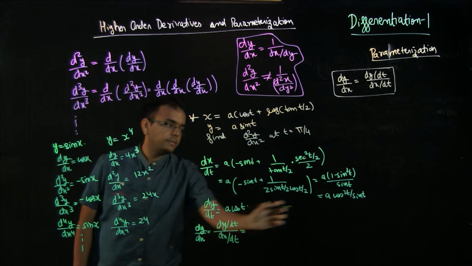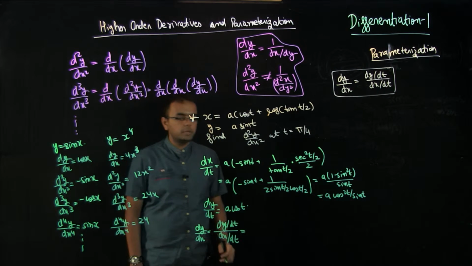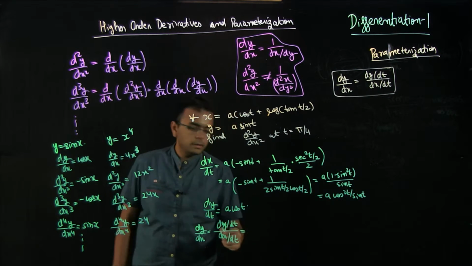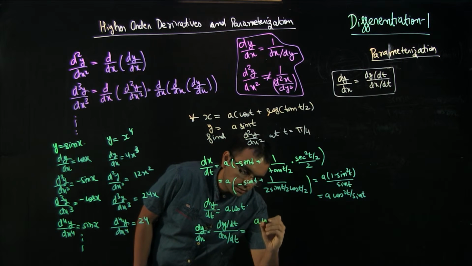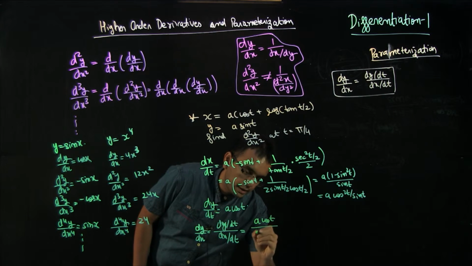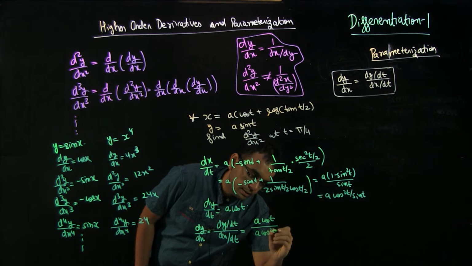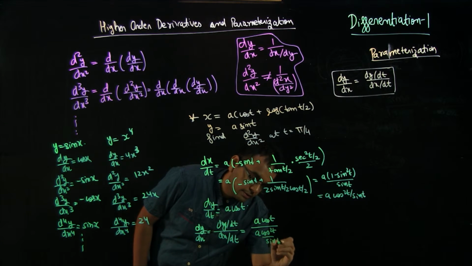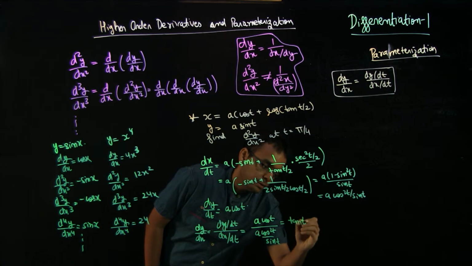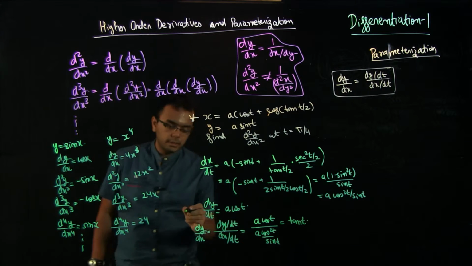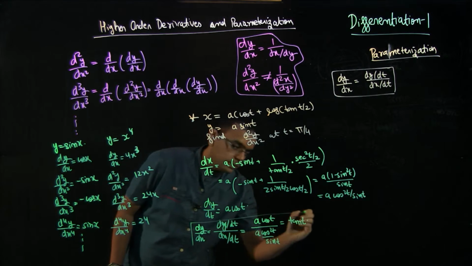So we have to divide this by this, and if we do that, we will get a cos t by a cos square t by sin t, and this means this is sin t by cos t, or this is tan t. The first relation we get is this.